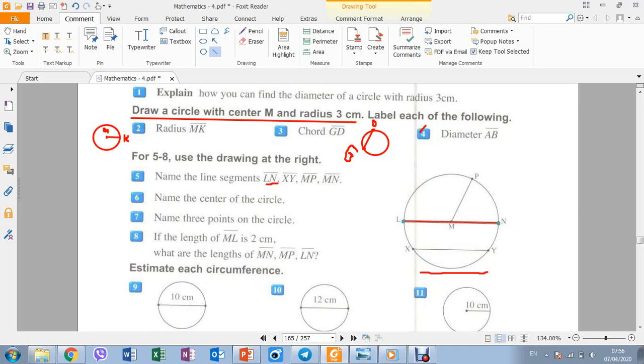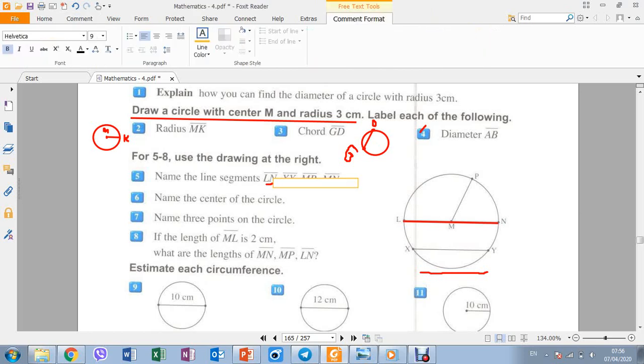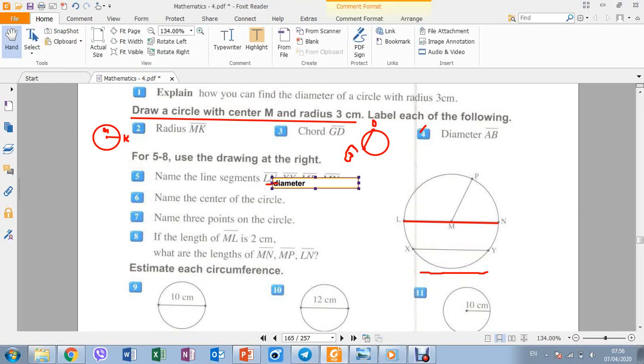It passes through the center from one edge to the other. This is called what? Diameter. So LN is called diameter.